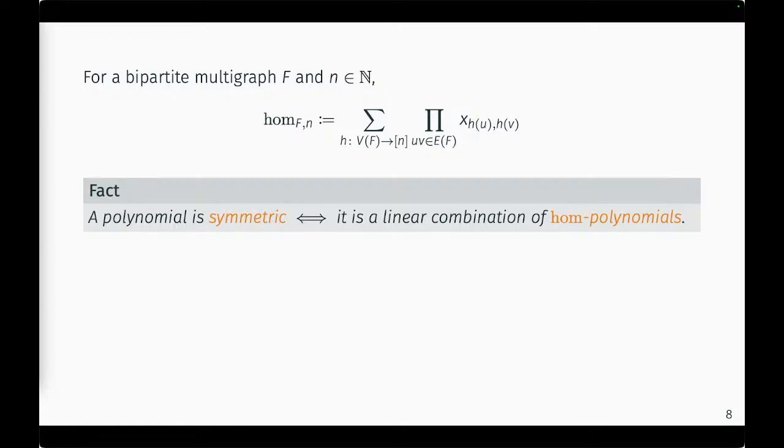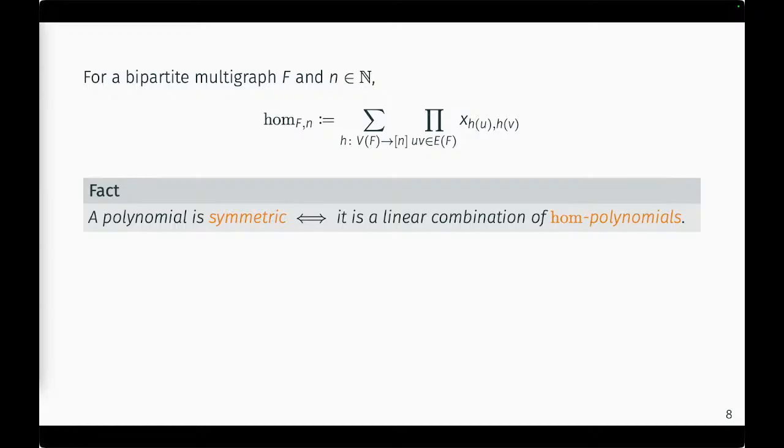And in the forwards direction, you have to pick out one monomial of your polynomial and look at its orbit under the symmetry group. This would be a subgraph polynomial, so a polynomial counting injective homomorphisms. So you get a sum of subgraph polynomials, and then you can change the basis from the subgraph basis to the homomorphism basis via so-called Möbius inversion, and this gives you this fact.